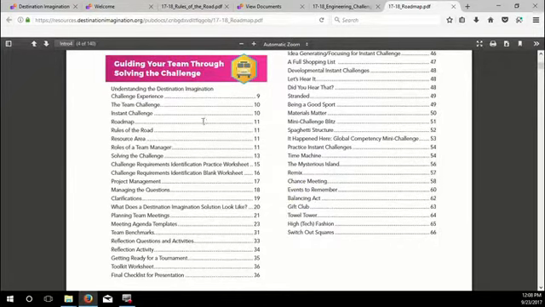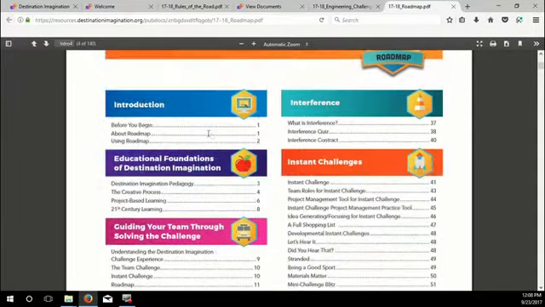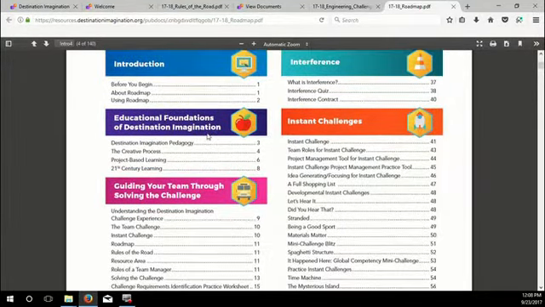In each of these segments, instead of the rules, this is more the nuts and bolts and the how-tos of working with your team. What do you think the difference is between the interference section here and the interference section in Rules of the Road? Really good question.